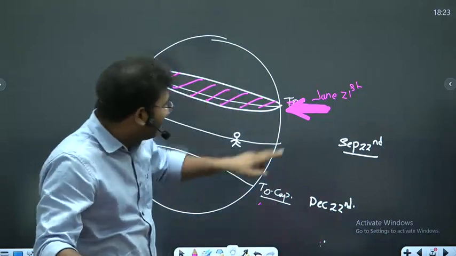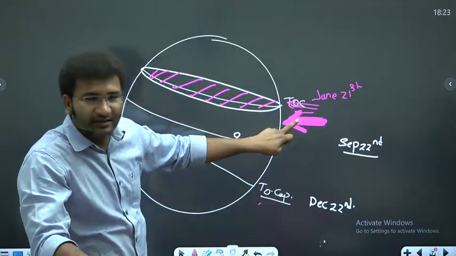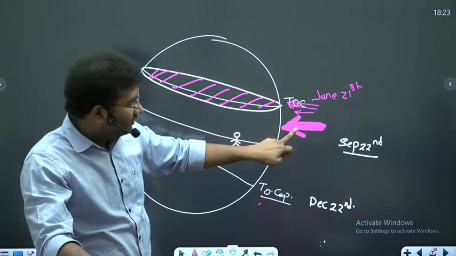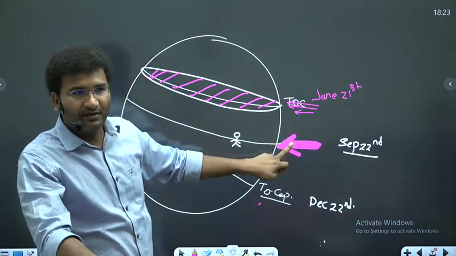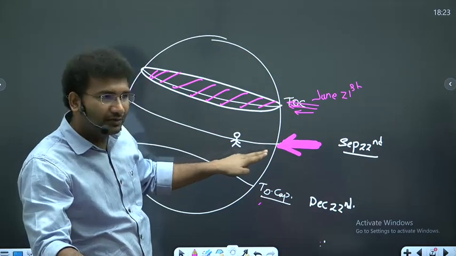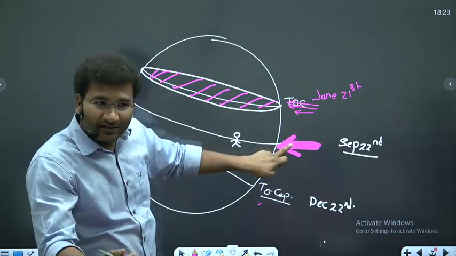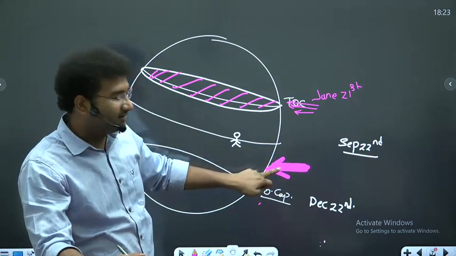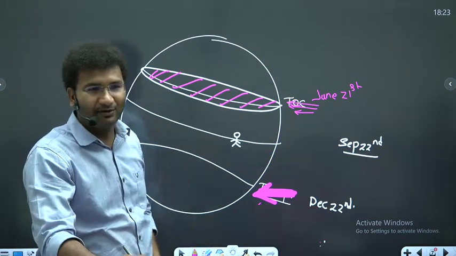Likewise, if you see this particular position of the sun, the direct sun rays are shifting south. As it came to September, in September the sun rays will be directly on the equator. Now October, it will go a little down. November, it is here. December, Tropic of Capricorn.